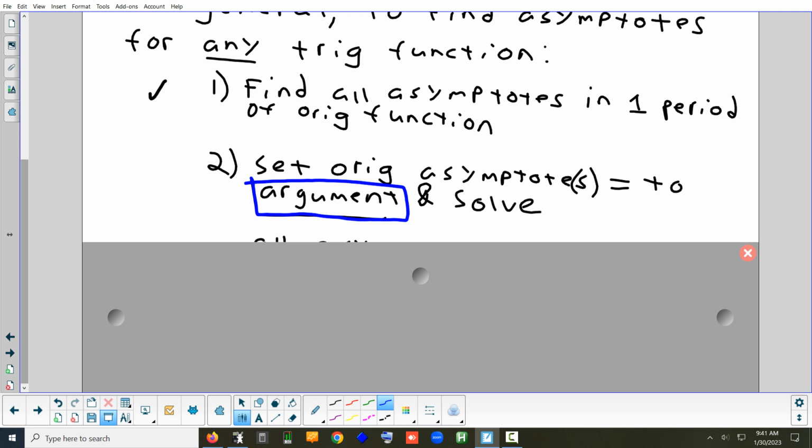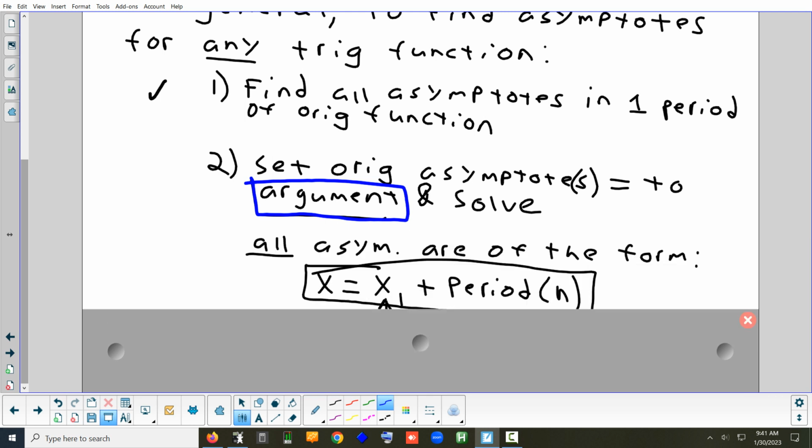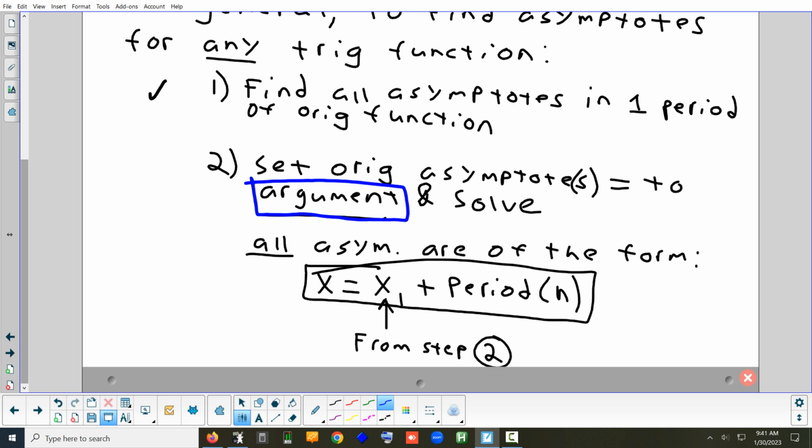And step 3, you've already written down. Step 3 is the right-hand side of the table. Well, I guess still step 2. You have to take what you got from step 2 and put plus the period times n.